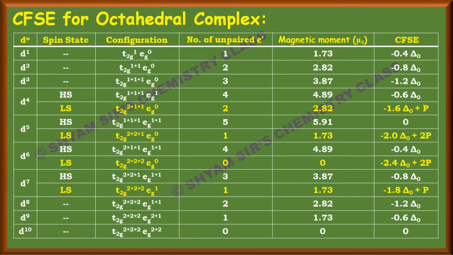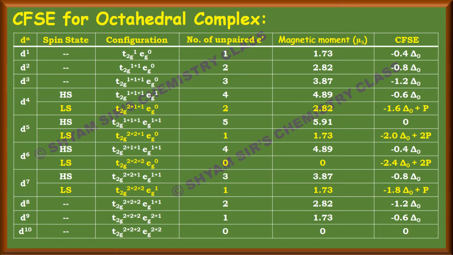So how many unpaired electrons are there in corresponding d1 to d10 state and their corresponding spin only magnetic moment value. From this portion also questions come, and finally CFSE for all these configurations including pairing energy. This will help you in exam because from this table you will get all the answers of questions asked in the examination.